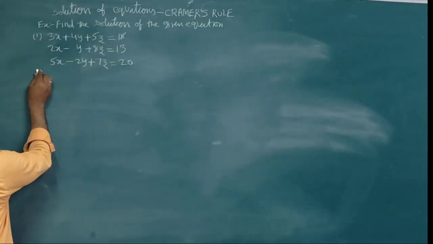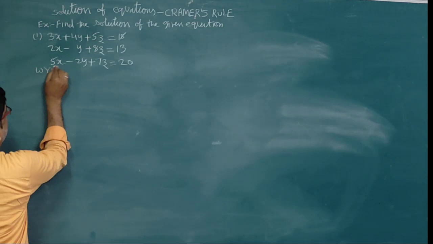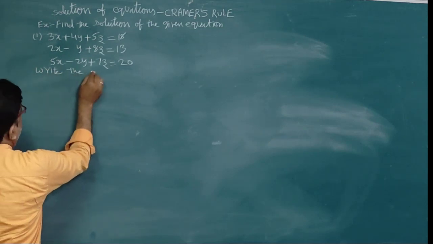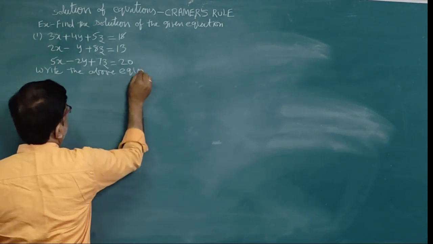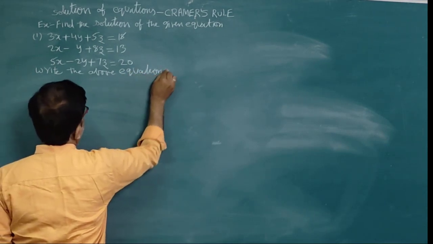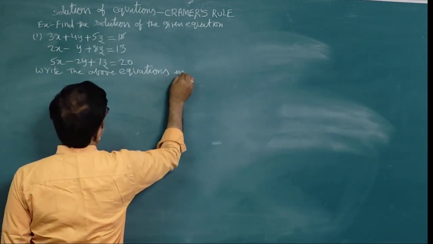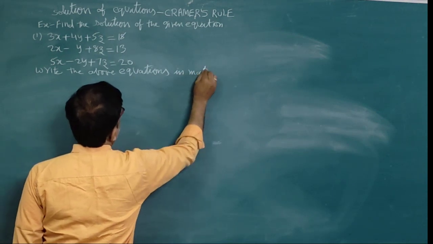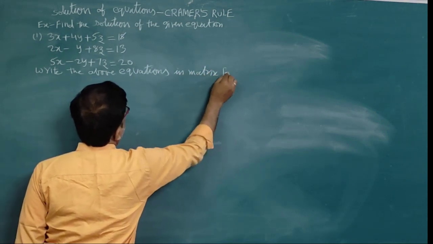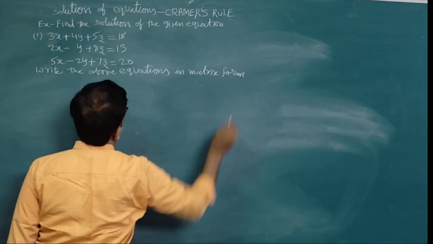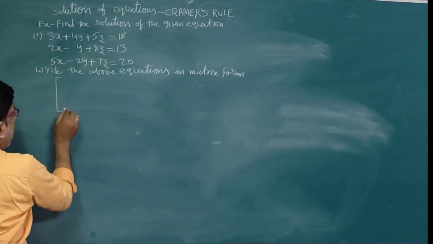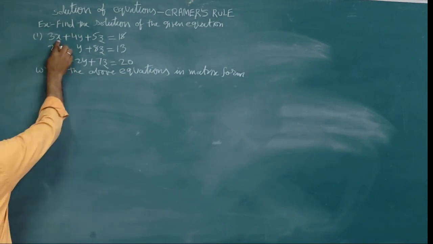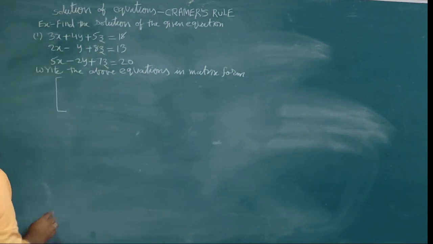Write the above equations in matrix form. How will you write? As I told, write the coefficients of x, y, z only first.